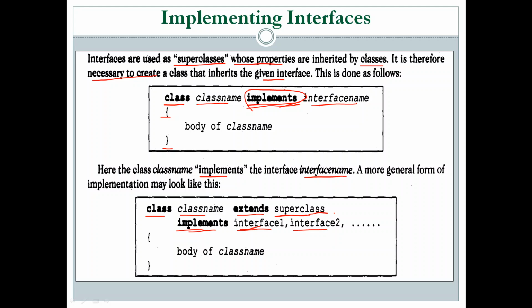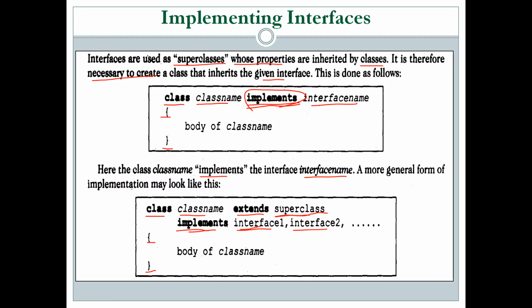Multiple inheritance is not allowed in Java, but we can implement multiple interfaces. Meaning in Java we can inherit from multiple interfaces, but we cannot inherit from multiple classes. Remember this, important. So we have implements interface 1, interface 2, any number of interfaces, then the body of a class.